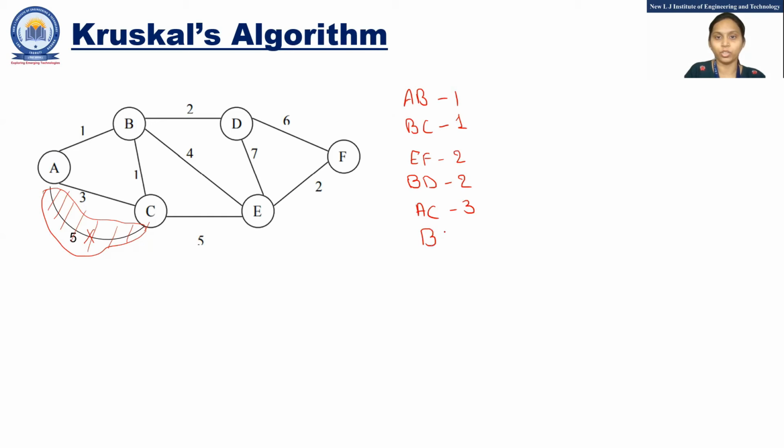Likewise, you just have to create all the connections. It might be the case that from the first few edges in the list you end up with the connected graph. But as this is the first example, let me write all the edge weights.